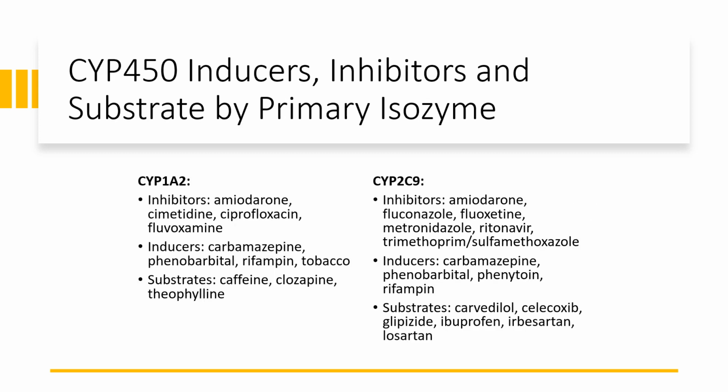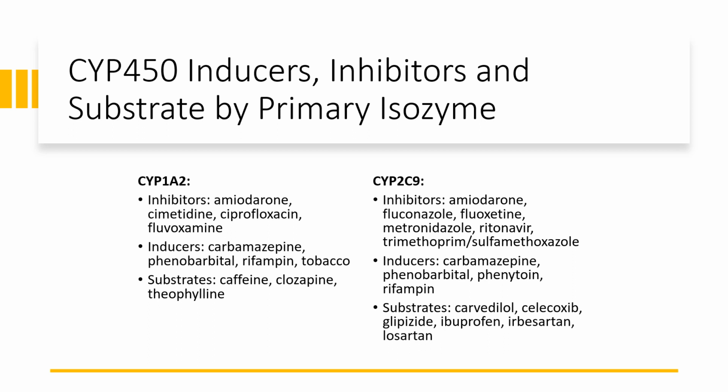In the next 3 slides, we'll provide more information on the 6 different isozymes, which are the primary inducers and inhibitors of the Cytochrome P450 system. The first is the CYP1A2. Common inhibitors include amiodarone, cimetidine, ciprofloxacin, fluvoxamine.